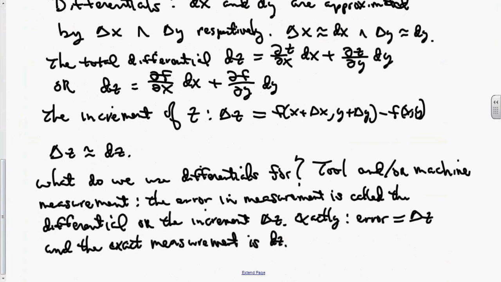So for this, let's find the total differential. The total differential, again, remember, is the dz. The dz is the partial of z with respect to x times dx plus the partial of z with respect to y times dy.